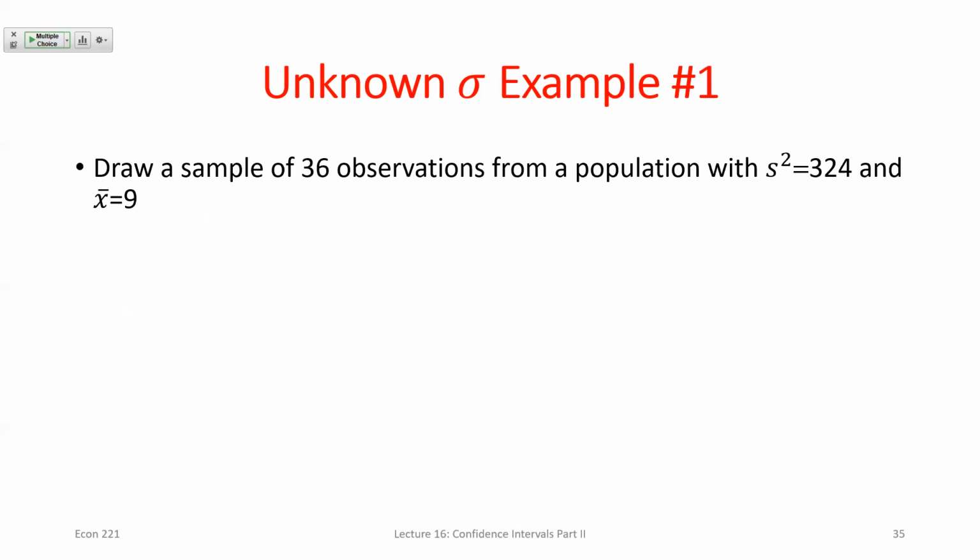Right away, I know that I'm going to be building my confidence interval around that sample mean of 9, and I need to look up the t-value that gives me alpha over 2 at a certain degrees of freedom. My sample variance is 324, and my sample size is 36. So what's my degrees of freedom? Just n minus 1, so 35.